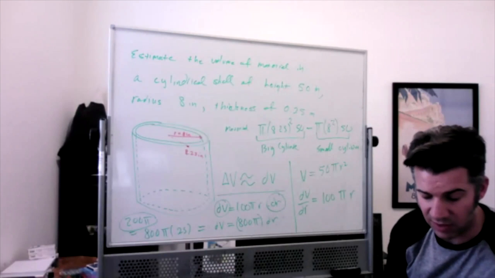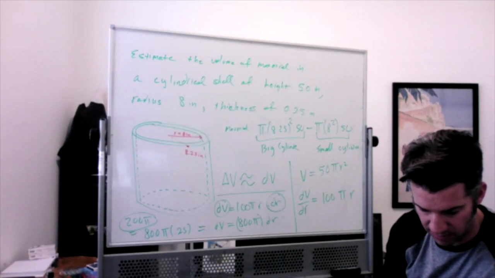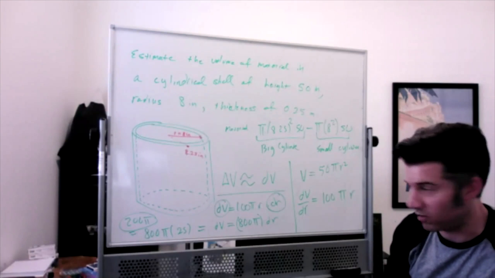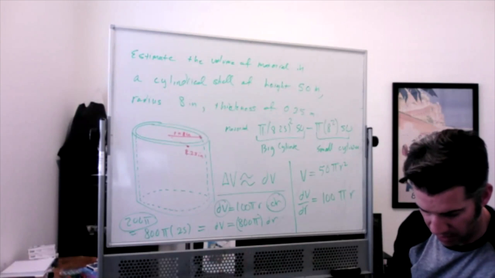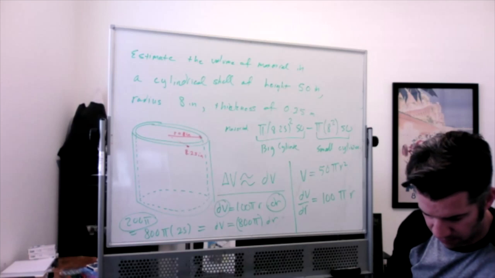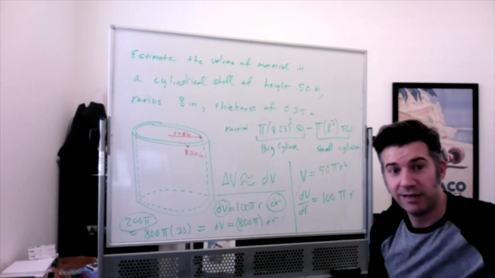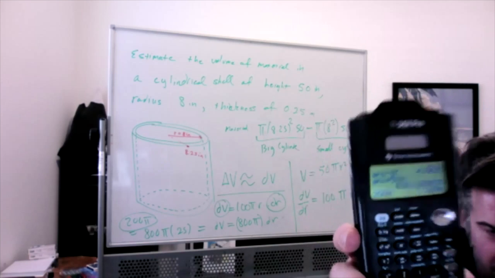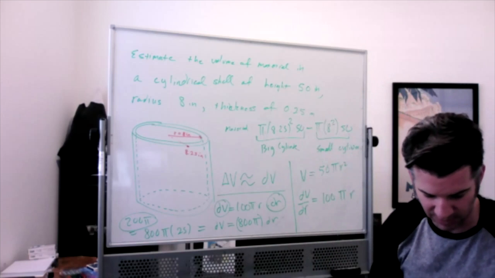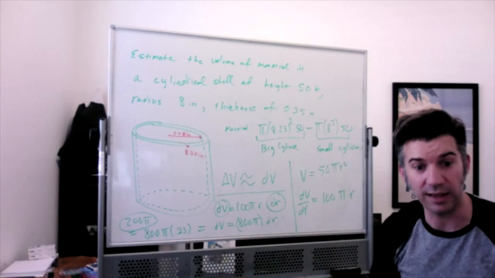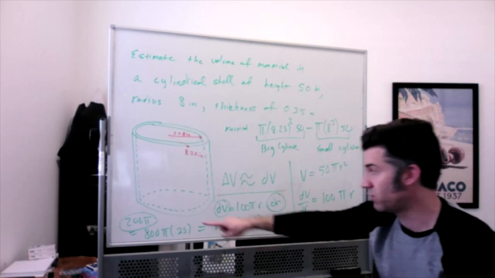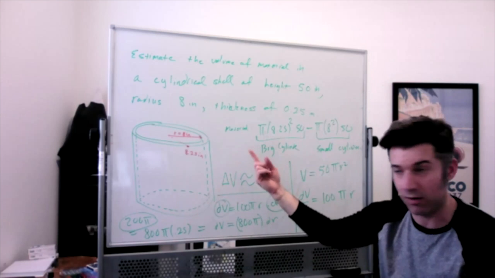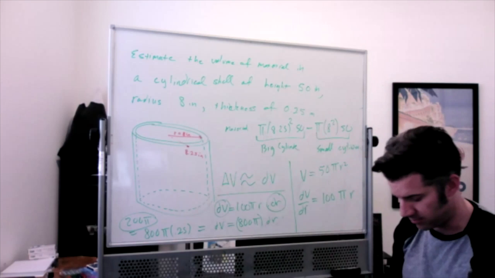So 4.0625 times the 50 pi is about 638, whereas 200 pi is about 628. Sometimes this calculator kills me. So our estimate of 200 pi, which is about 628, is a slight underestimate of how much material is required. It's actually 638.